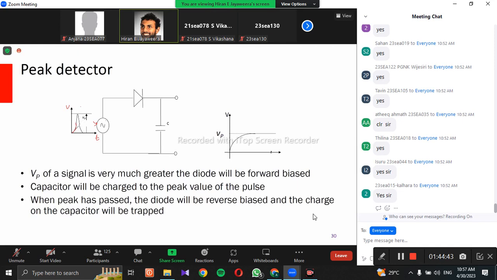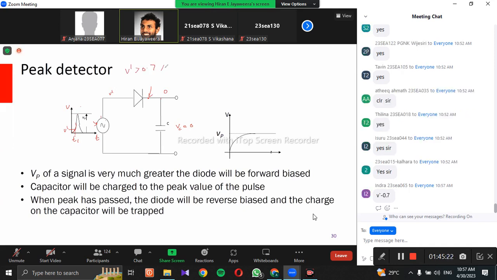Now, let's say our voltage is somewhere here. Initially, let's assume that the capacitor is charged to 0, so the potential here is 0 initially. Now, at T equals T1, you get some voltage V dash, which is greater than 0.7.